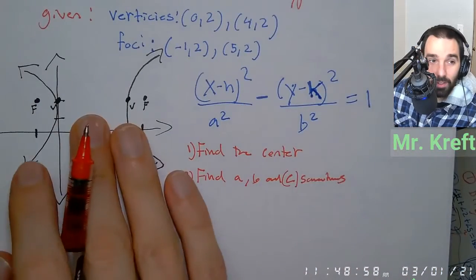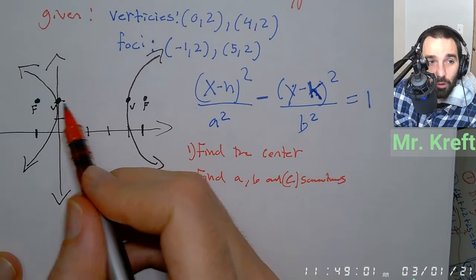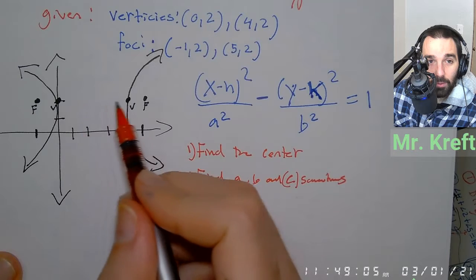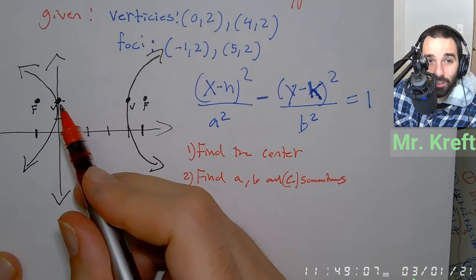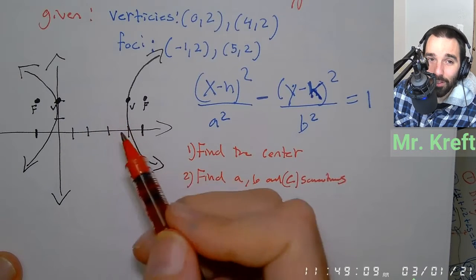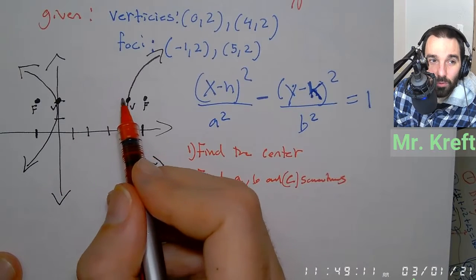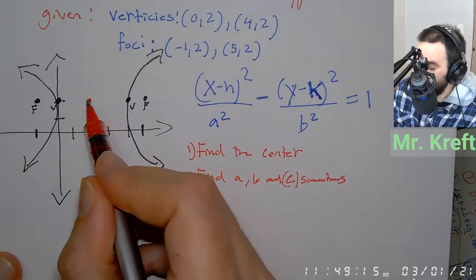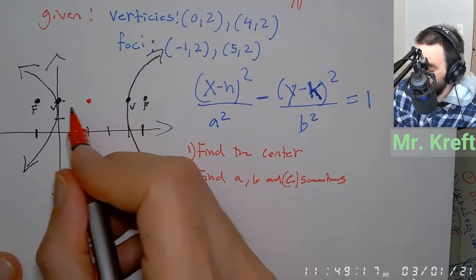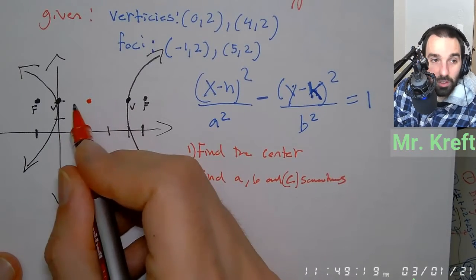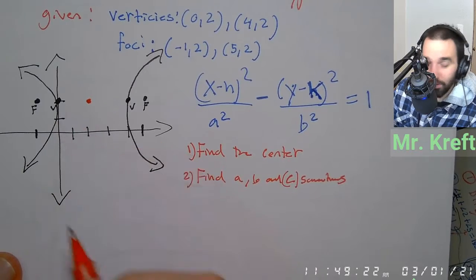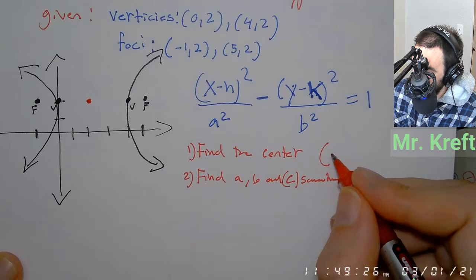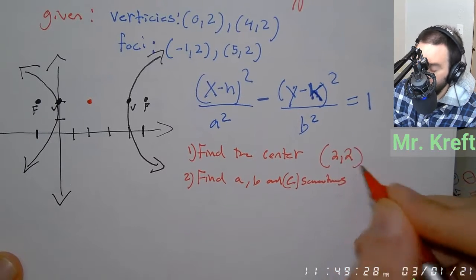Okay, the distance between our vertices is 1, 2, 3, 4. So that's 2a, which means if double my a is 4, one a is 2. So if I go 1, 2, that should be my center, because it's 1, 2 this way and 1, 2 this way. So my center is (2, 2).